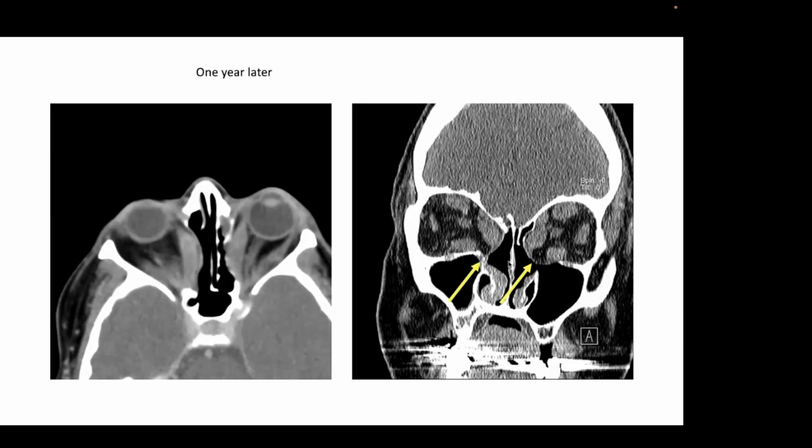The other thing you're going to notice is that the orbits themselves look unusual. Have you ever seen that? What is that from? It's something like a hernia. It looks like it's herniating into the maxillary sinus. Thinning of the bone of the wall.